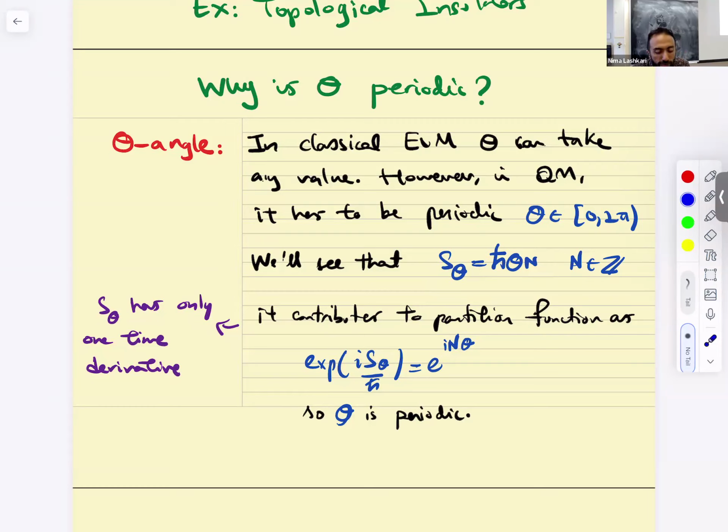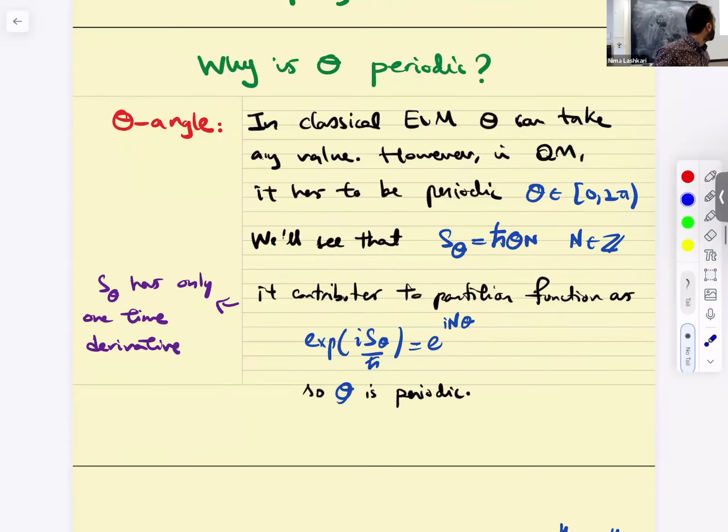I put h bar here so that we divide by h bar. It contributes to the partition function as e to the power of i n theta, and what's n? Integers. So theta is periodic.